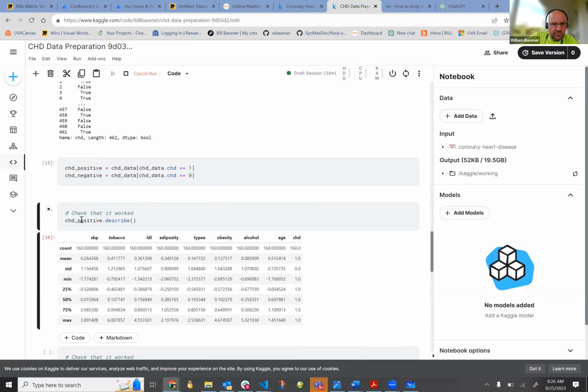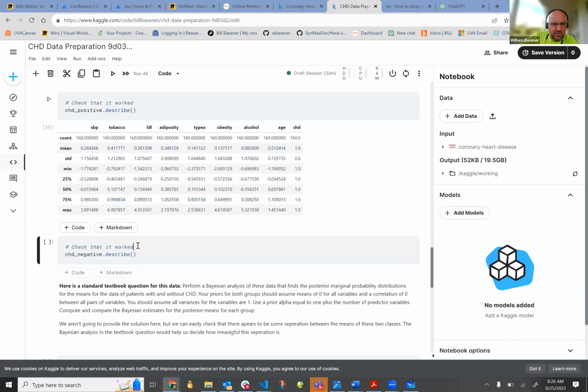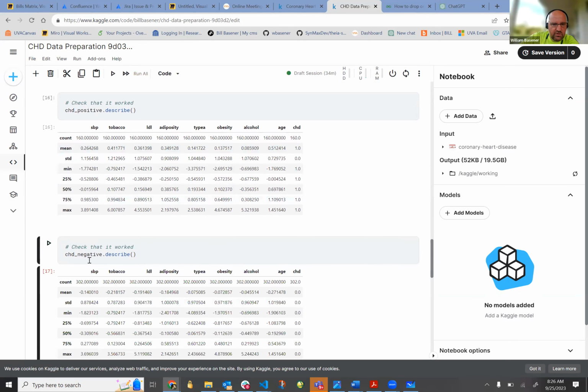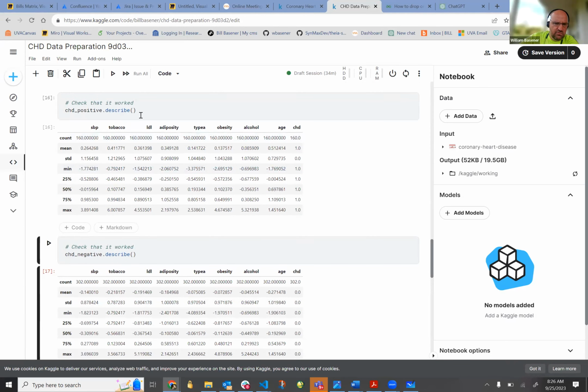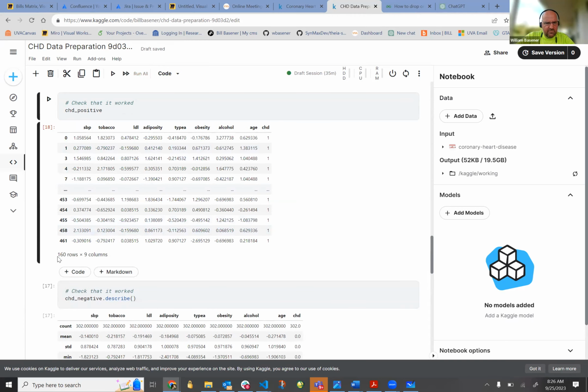So here's the coronary heart disease positive and coronary heart disease negative. And we look at these, and the first thing I notice, coronary heart disease, they're all 1s. Sometimes it tells you the length of the data frame. And okay, yeah, so if you don't do the describe part, you just say coronary heart disease positive.